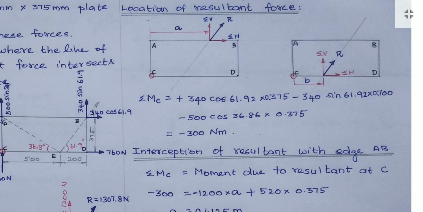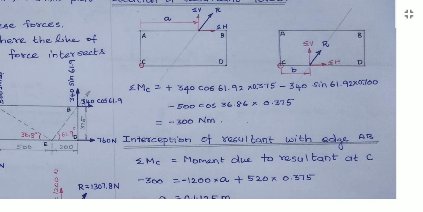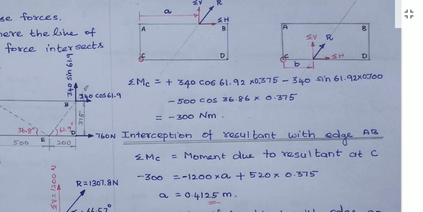This resultant force, resolving means sigma h and sigma v. So you convert this inclined force into sigma h and sigma v. Now these sigma h and sigma v will create the moment.